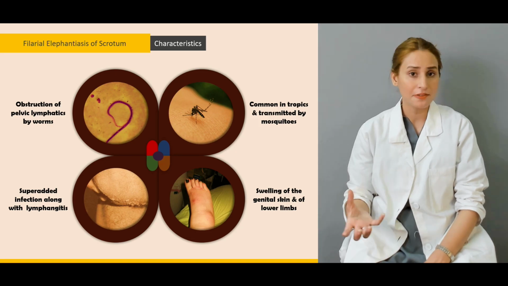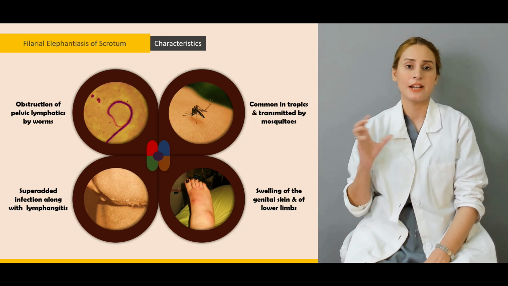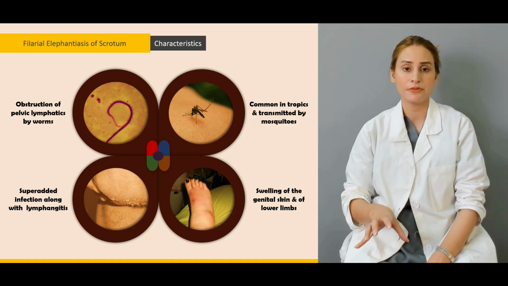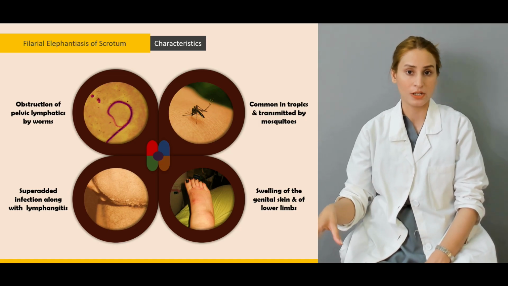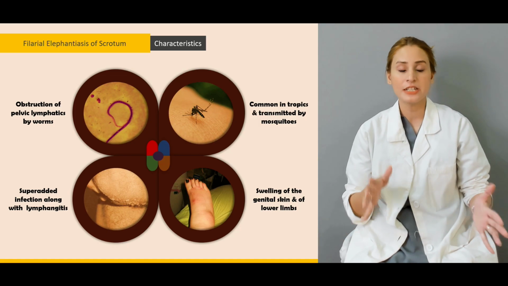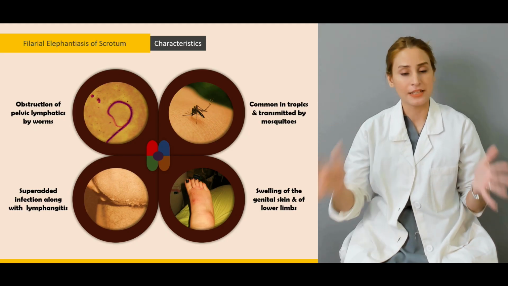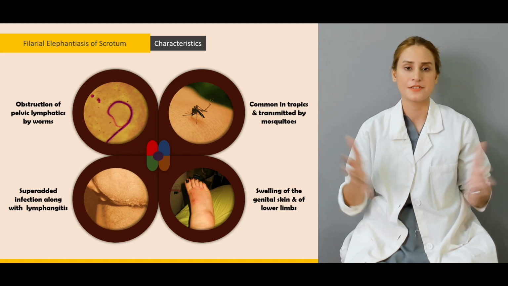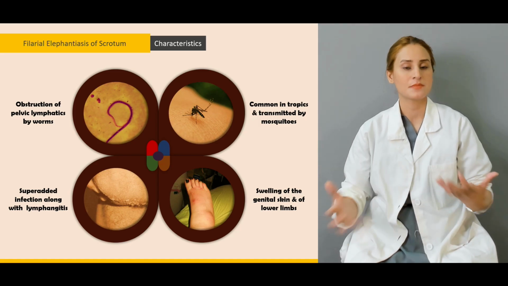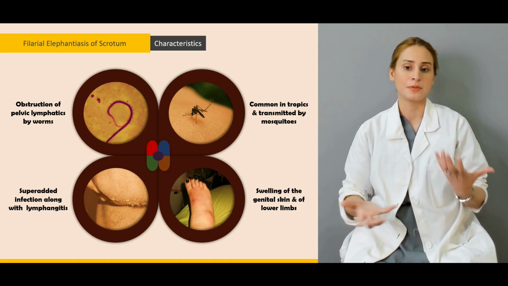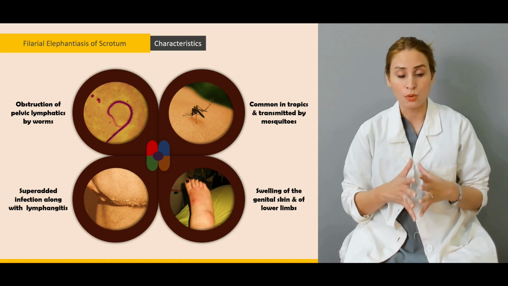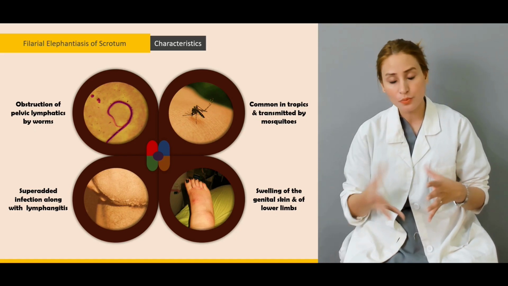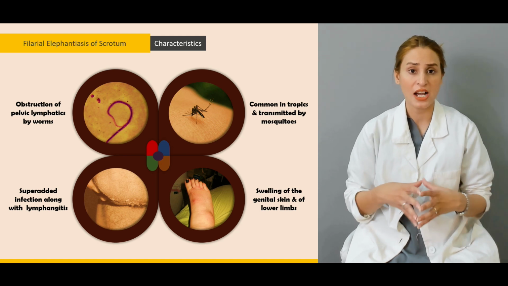So whenever the pelvic system is obstructed, there is swelling of the genital region, plus swelling of the lower limb as well. Clinically, the patient will present with a large swelling involving the scrotum, sometimes swelling of the lower limbs as well, and there can be superadded infection like lymphangitis.